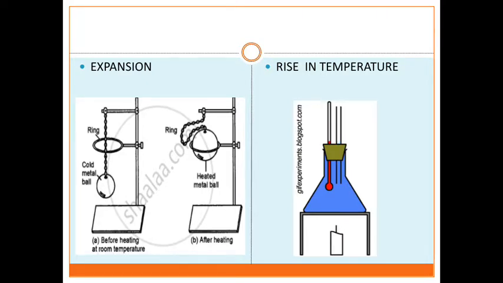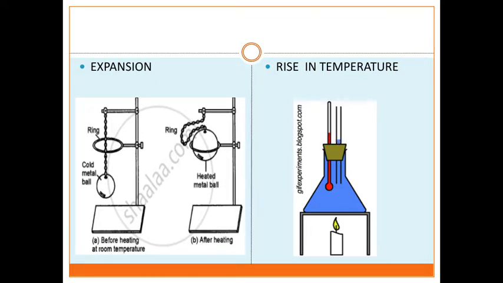The metal ball is inserted into the ring, and after some time the metal ball is heated, and when we try to insert it into the ring, it is not possible because after heating the metal ball has expanded. After it cools, it will again go into that ring. So while heating, a substance expands, and this is seen in solid states. So expansion is only for solids.